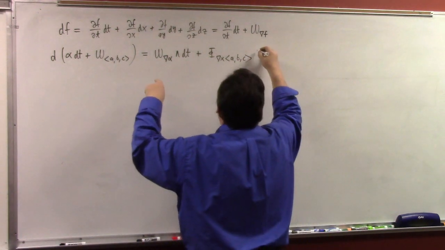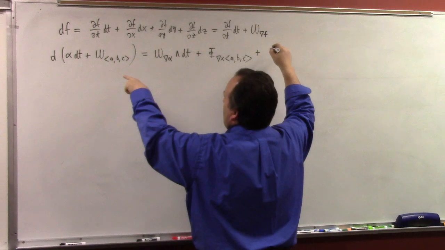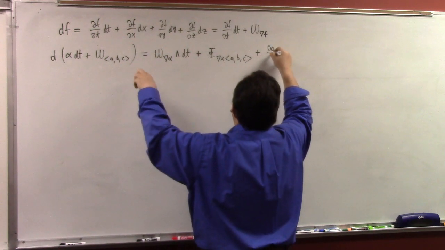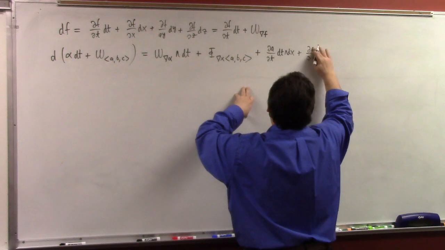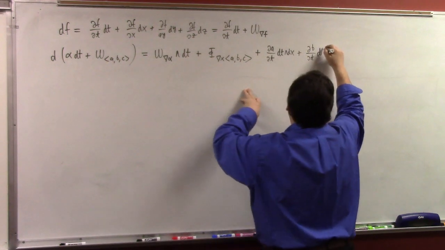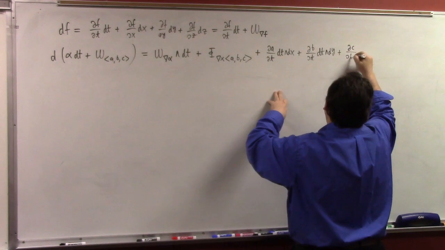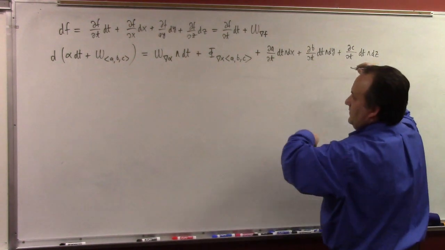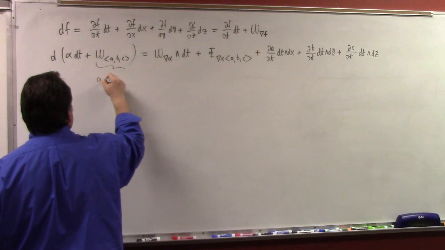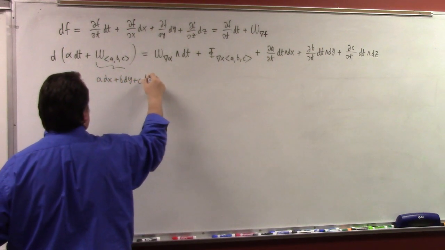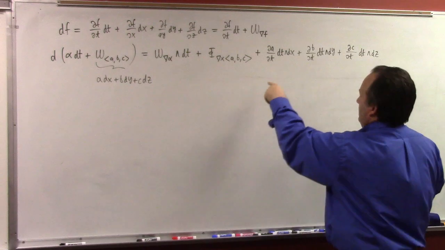But there's more, because there's also, I'll just have to write it out, partial A partial t, dt wedge dx, plus partial B partial t, dt wedge dy, plus partial C partial t, dt wedge dz. Because remember, the omega ABC is A dx plus B dy plus C dz. That's what this means. So the spatial derivatives of this just give us the curl, but now there are these entering in.